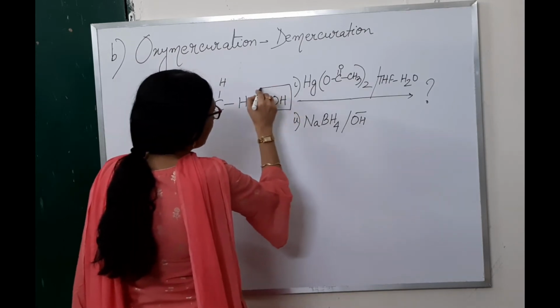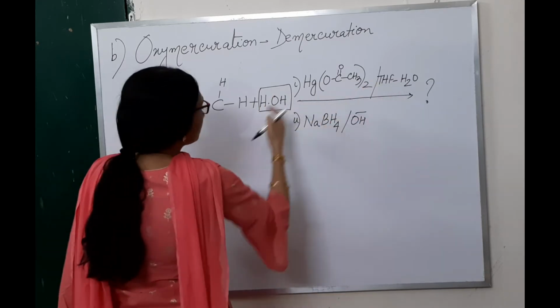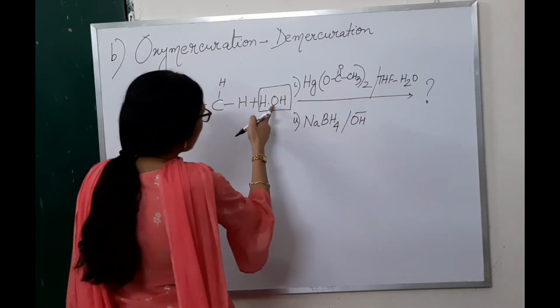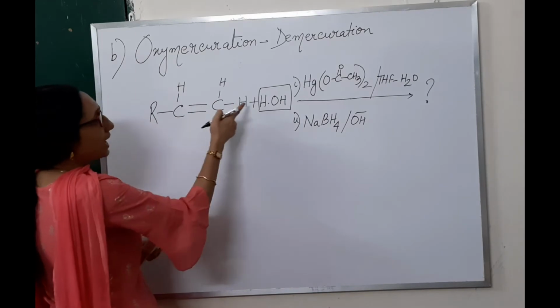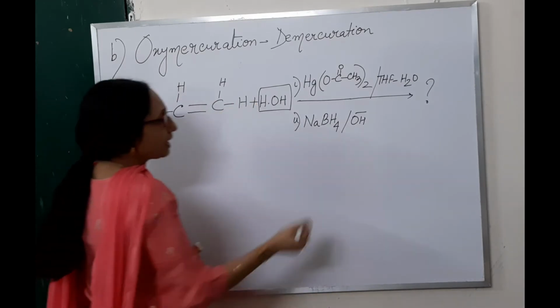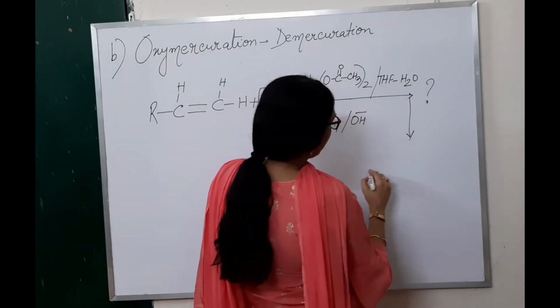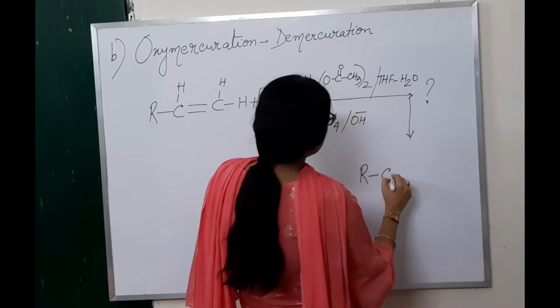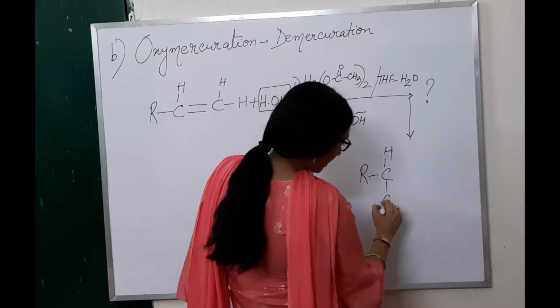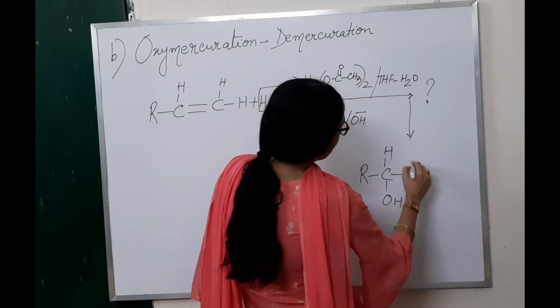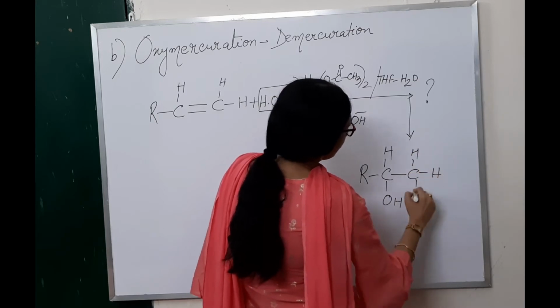So here you see I have written H2O. So what will happen? OH will go to this carbon and H will come to this carbon, and the product will be RCH, here OH, CH3.